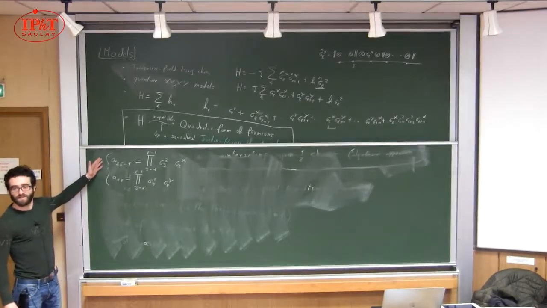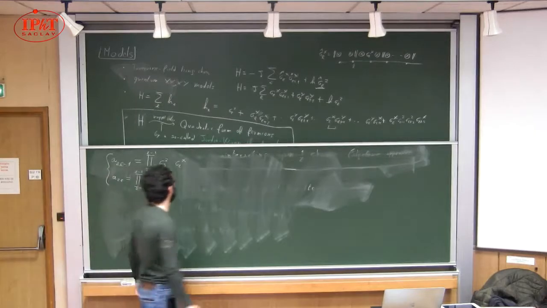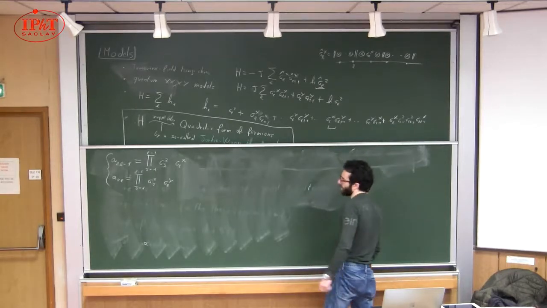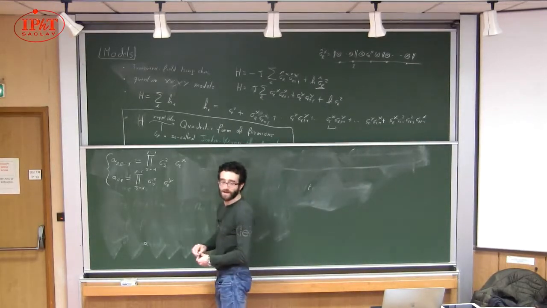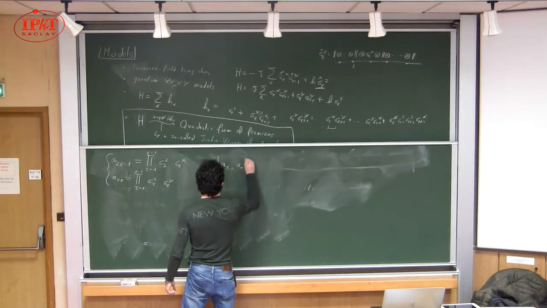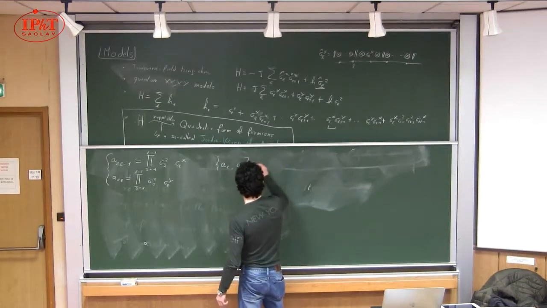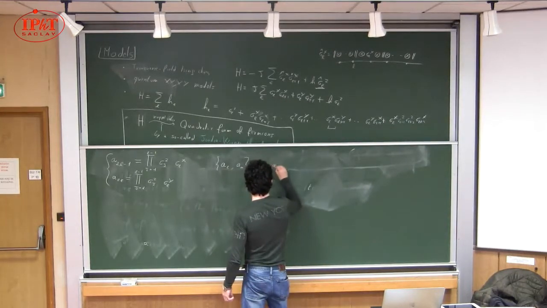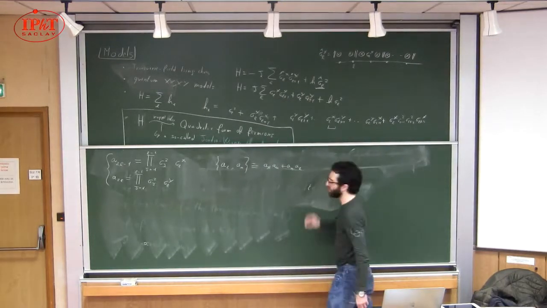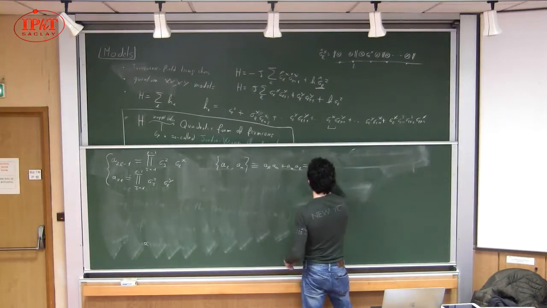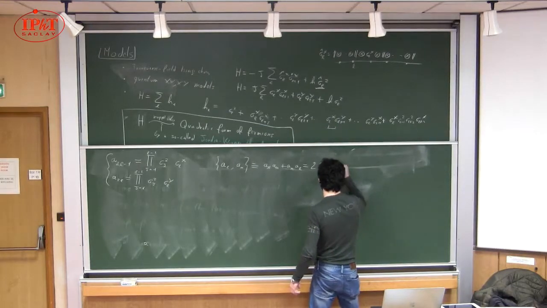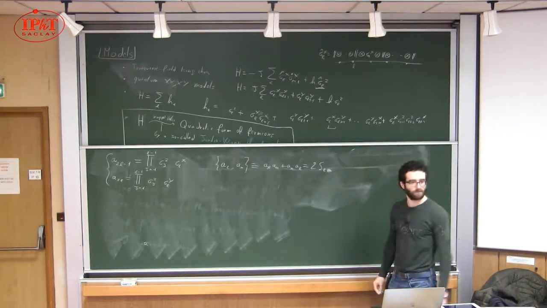Why is this convenient? Because it's very easy to prove, and I leave this as an exercise, that this operator A satisfies the following algebra. The anticommutator between A_l and A_n, which means A_l A_n plus A_n A_l by definition, is equal to twice delta_{ln}.